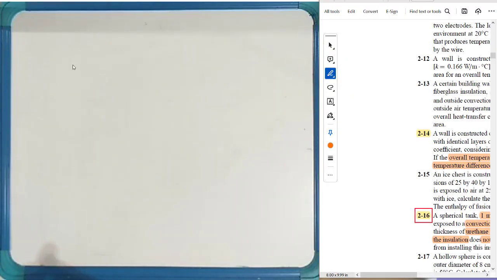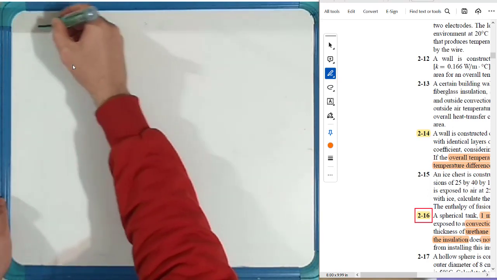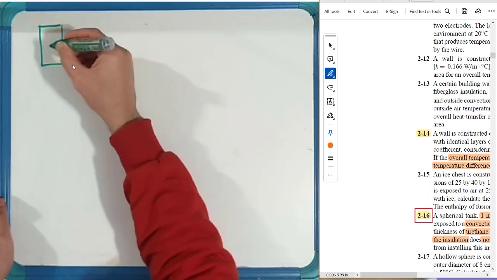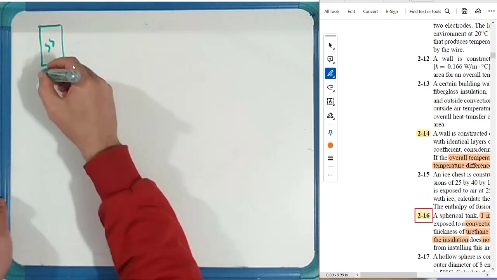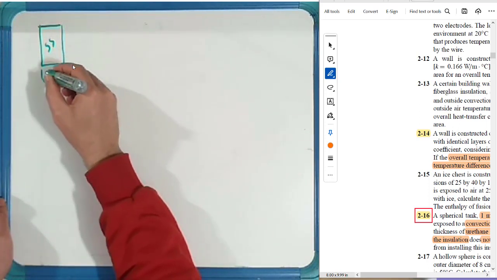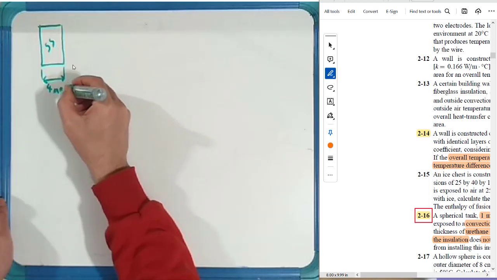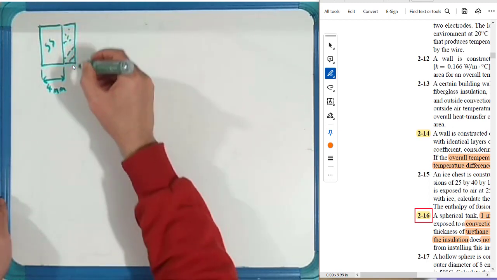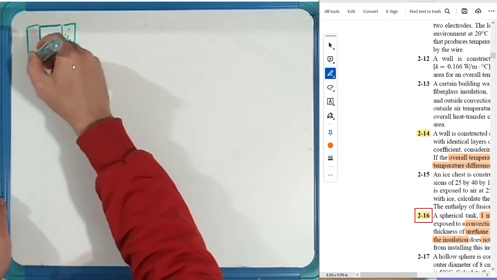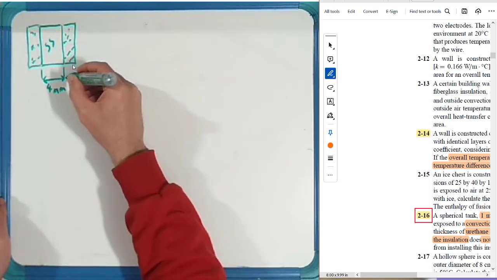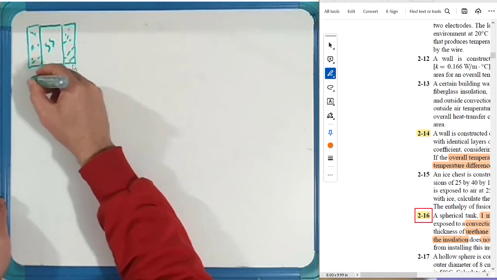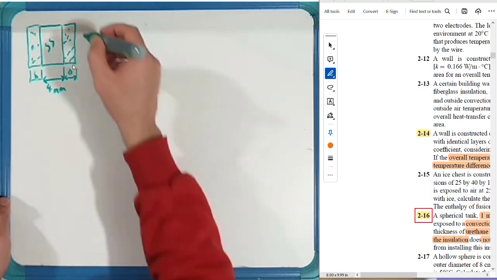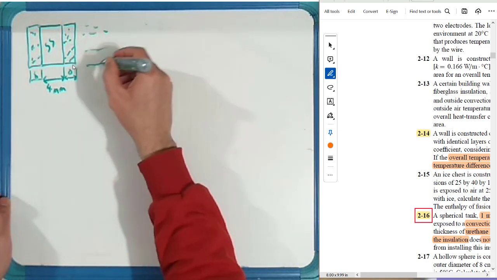First, as always, let me draw the picture of the problem. We have stainless steel here with a thickness of 4 millimeters, and on both sides of that we have 2 layers of plastic. The thickness of these two is not important because we don't need it to solve our problem, since we have some other parameters.